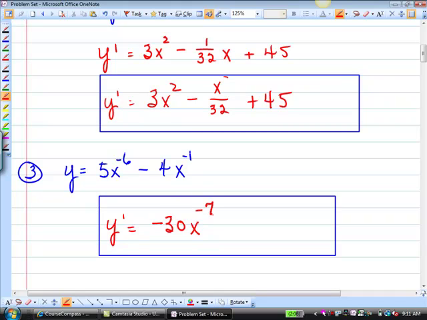Okay? And then note that you're multiplying negative 1 times negative 4, so this changes signs. 4x to the negative 2. So be careful with that. Little things like that, the signs can mess you up. Okay? Any questions on those?